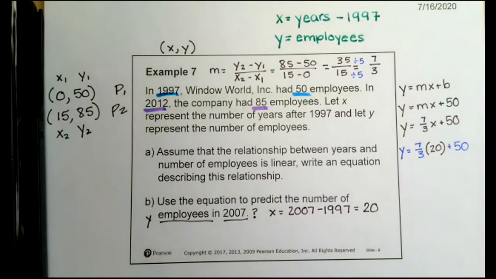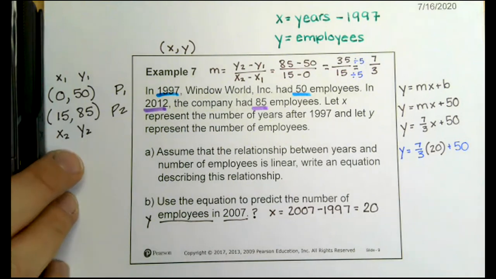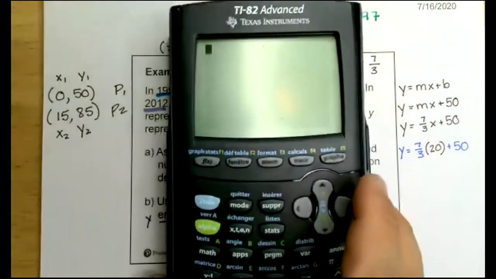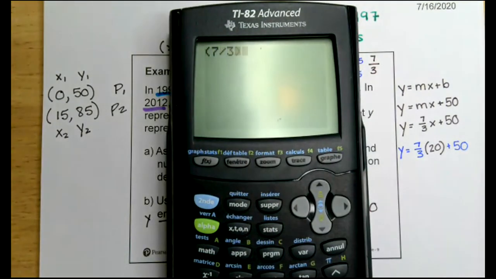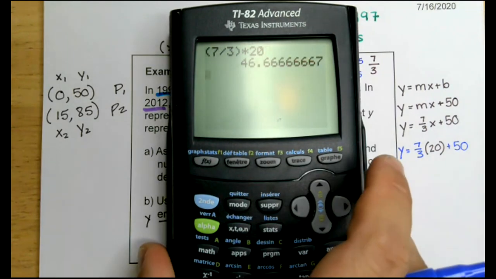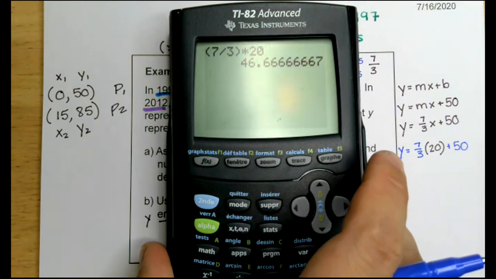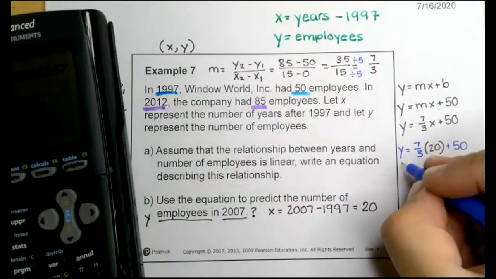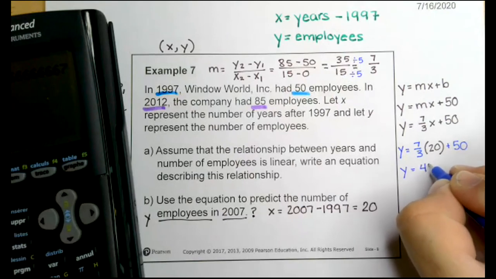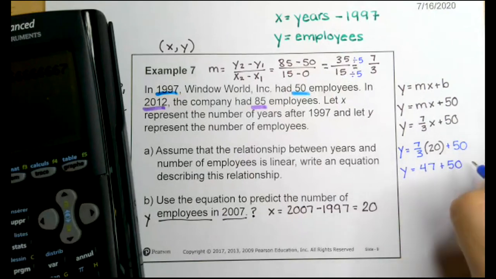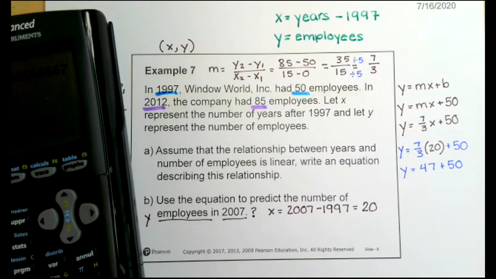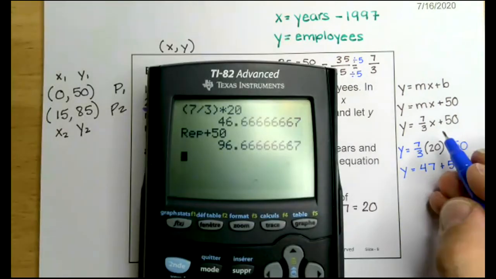Because it's a word problem, like a real life problem, and we're talking about people, we don't need to keep it as a fraction. We can use a decimal and then round it. So I would do 7 divided by 3 times 20. I get 46.6, so I can round that to 47.